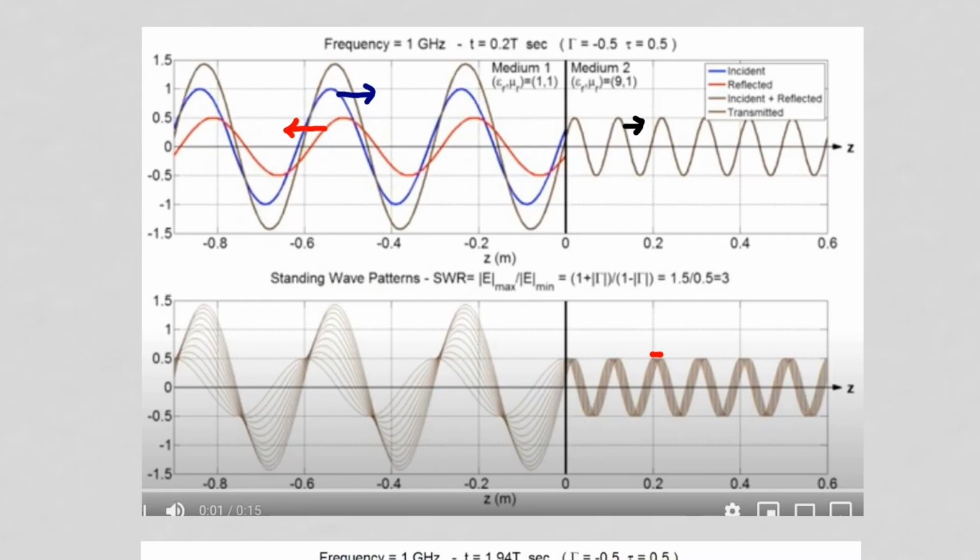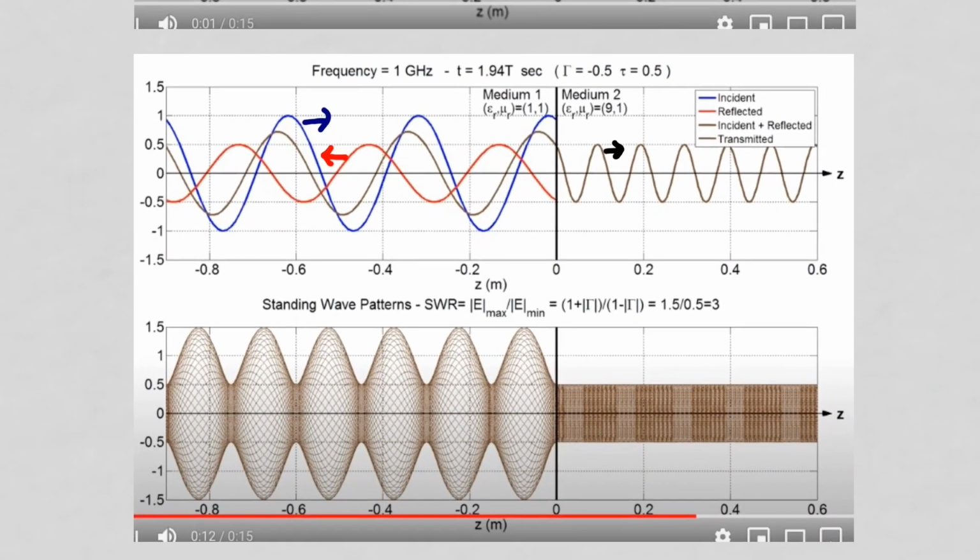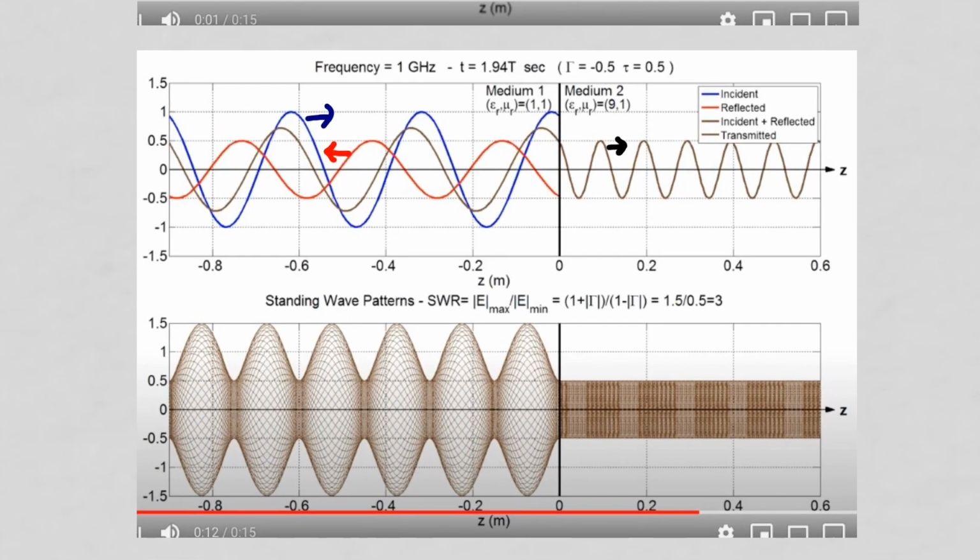Now let's look at the situation after a long time has passed. So at a given location in material 2, the electric field intensity will be moving up and down between plus 0.5 and minus 0.5 at any particular point you look at.